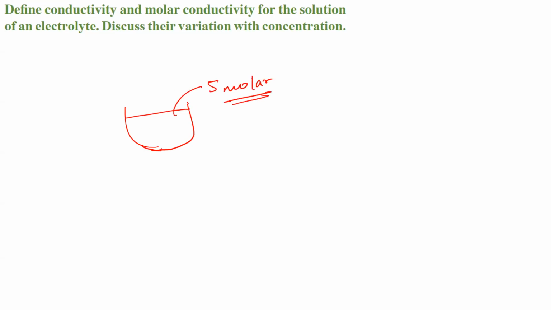I have taken a huge amount of that particular iron, and so it will have some conductance, right? There will be some conductance of this particular iron, yes or no? It will conduct electricity. Just say yes or no. No, it will not conduct electricity.